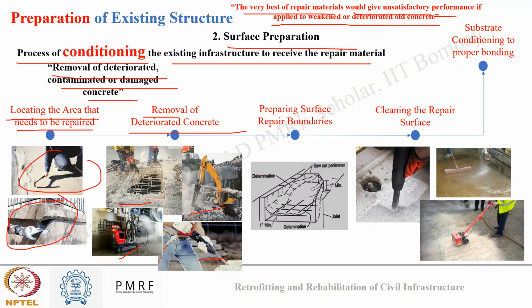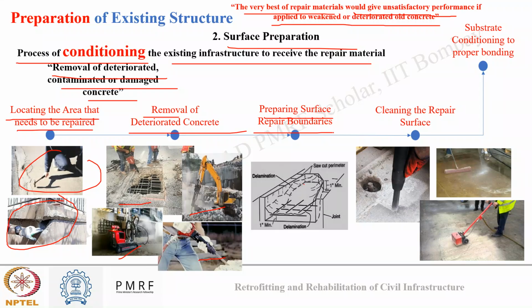Okay, once you have removed the old concrete completely, the next step is the preparation of the surface boundary for repair. It is a general practice to clear the damaged area from all sides of the damage with some extra clearance, so that the new material that we are placing is properly intact with the old concrete.